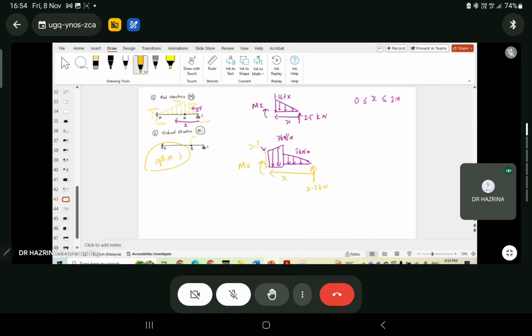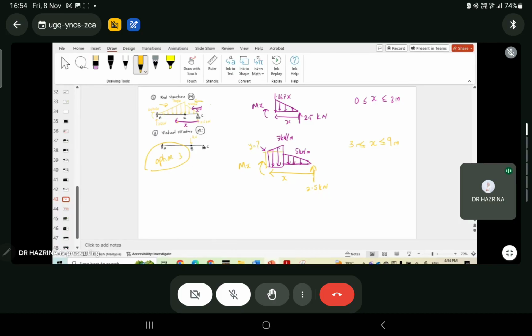So trapezoidal load ni, you kena bahagikan dia pula kepada 2. Sebab later on you nak add up. So in this case, your region, dia akan jadi X lebih besar daripada 3 kurang daripada 9 meter. Okay. So bila you nak kira MX dekat sini, bukanlah I kata tak boleh. Boleh. Tapi dia akan jadi panjang sikit compare kalau you cut daripada sini dengan sini lah.